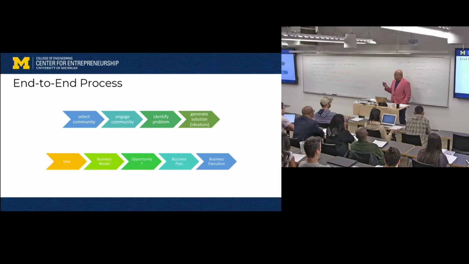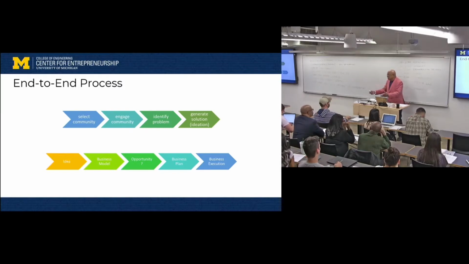So once they have identified the problem that your business is aiming to solve, they go through a process of generating a solution or a series of solutions that they then choose the best solution from, and that's a design thinking process. And then they express that solution in the form of a business model, a design of a business that implements that solution. And so we'll talk more about what that design looks like in a minute.